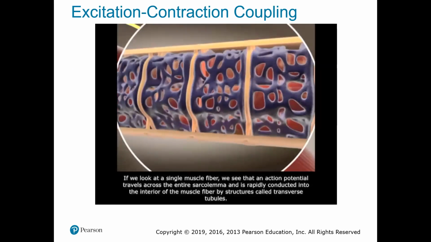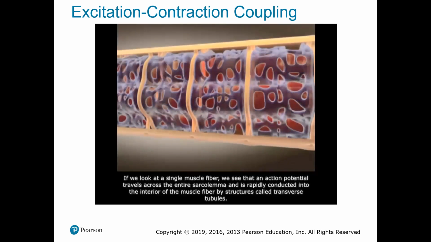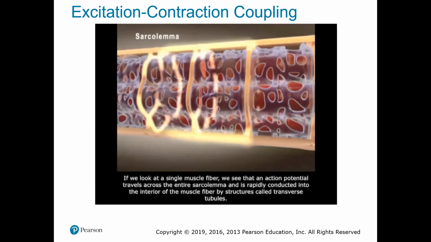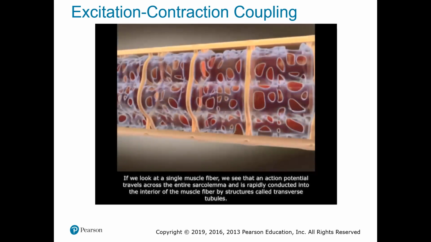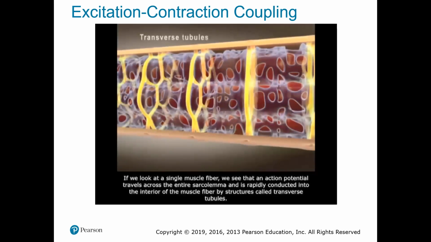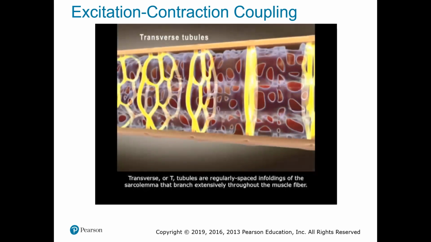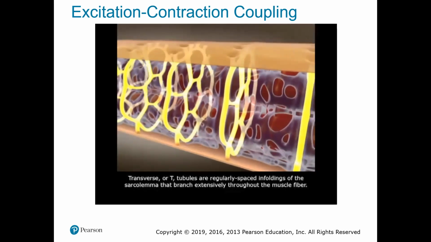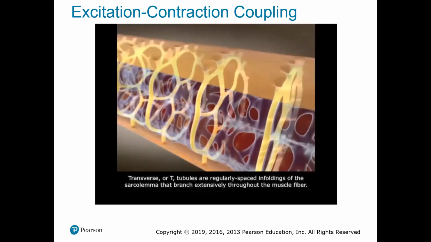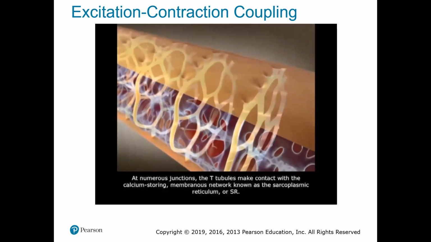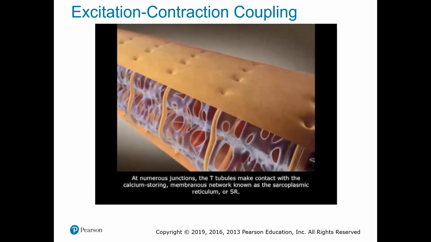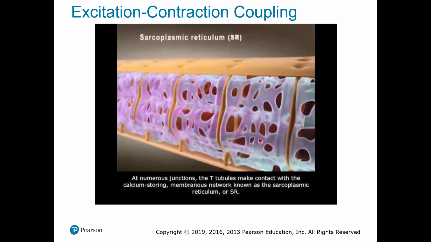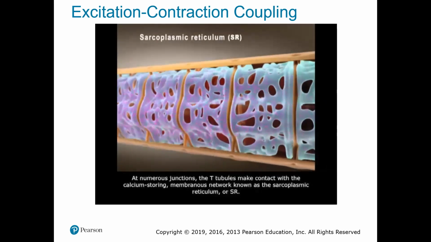If we look at a single muscle fiber, we see that an action potential travels across the entire sarcolemma and is rapidly conducted into the interior of the muscle fiber by structures called transverse tubules. Transverse, or T tubules, are regularly spaced enfoldings of the sarcolemma that branch extensively throughout the muscle fiber. At numerous junctions, the T tubules make contact with the calcium-storing membranous network known as the sarcoplasmic reticulum, or SR.